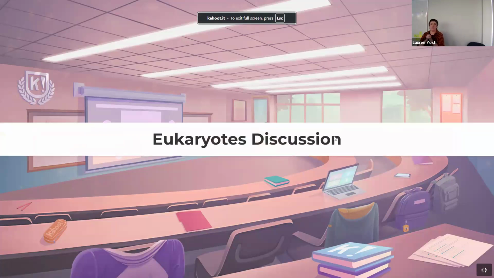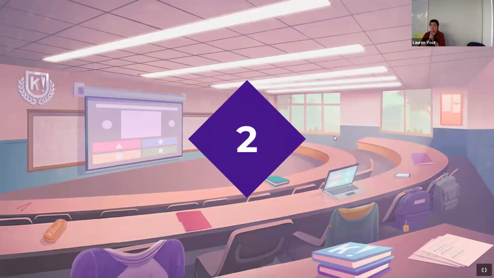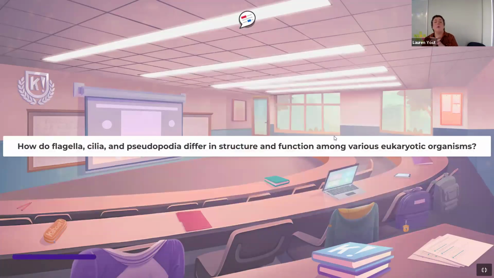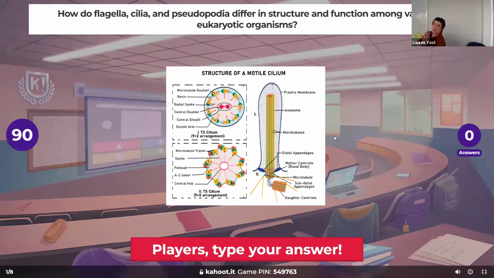Question 1. These are different formats than what we have been doing. How do flagella, cilia, and pseudopodia differ in structure and function among various eukaryotic organisms? Again, basic, I don't need full sentences.